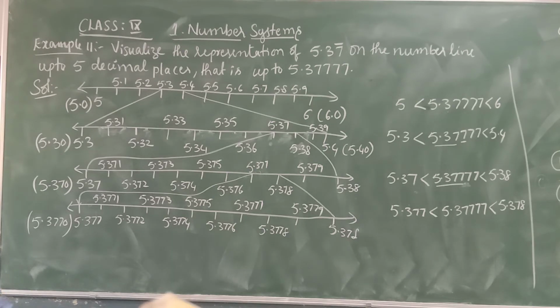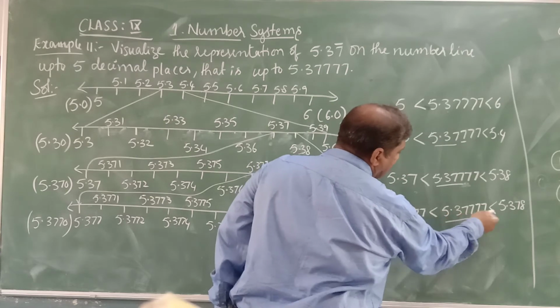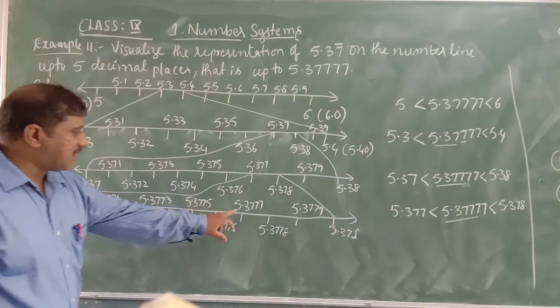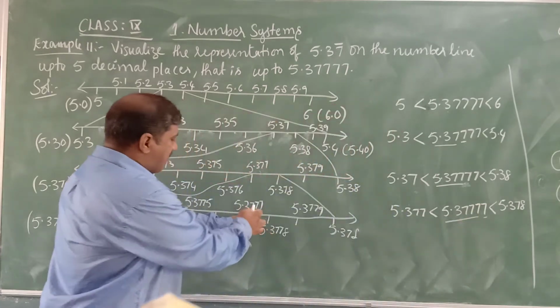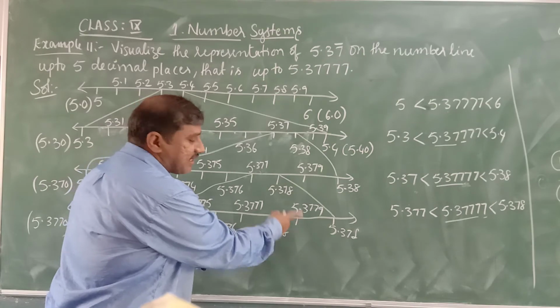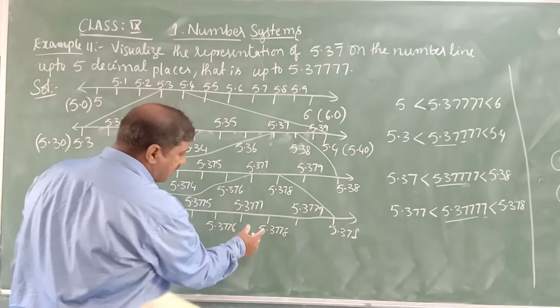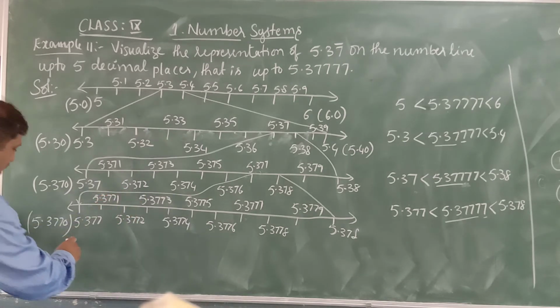So now the fourth digit we got is 5.3777. Next we have one more digit 7. So that lies between 5.3777 and 5.3778. Now this space should be divided into 10 equal parts to look at the given number.